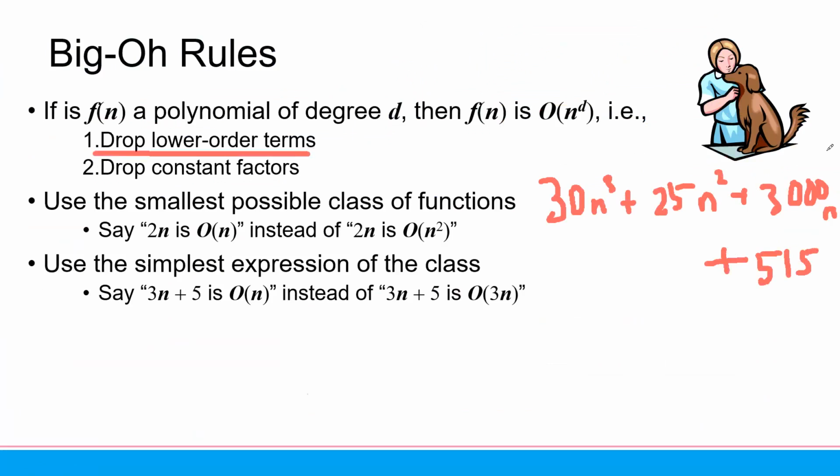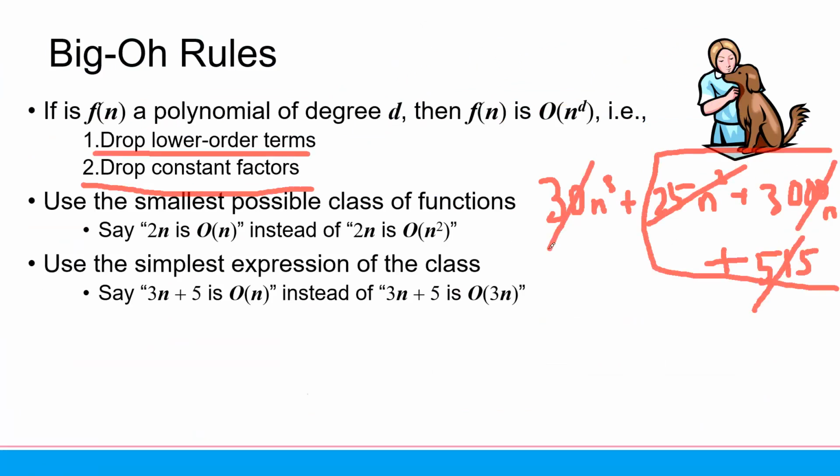We drop n^2, we drop 3,000n, and then drop the constant factors. We drop the constant factor, and drop the constant in this case. So with the big O rules, this big O will be O(n^3).